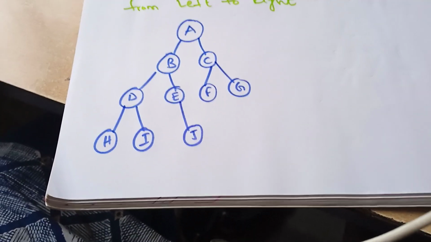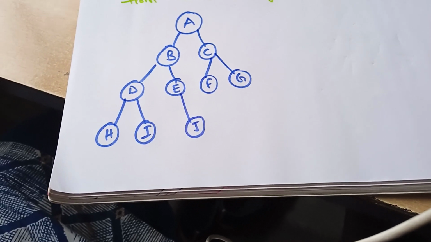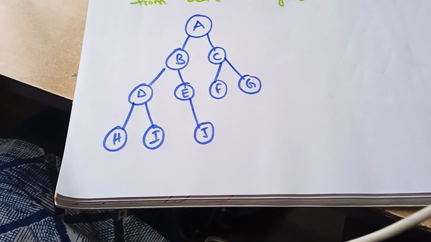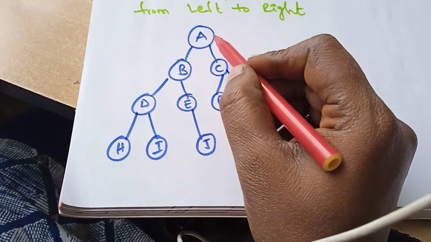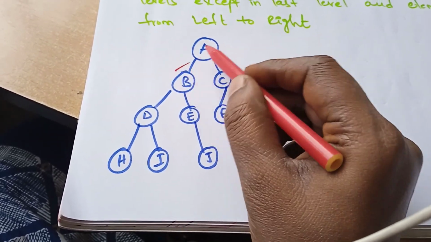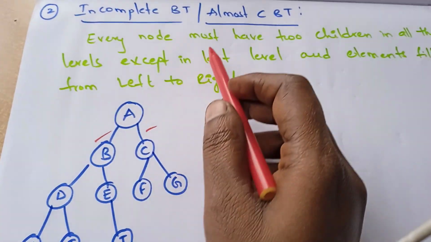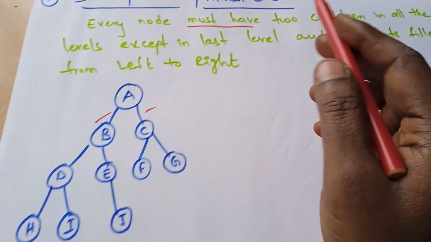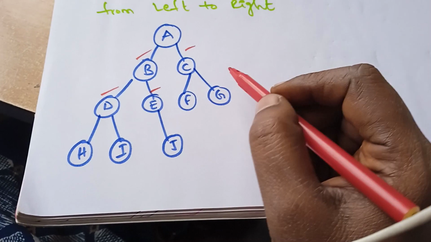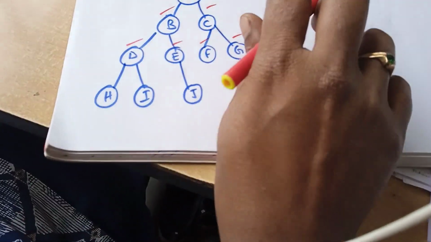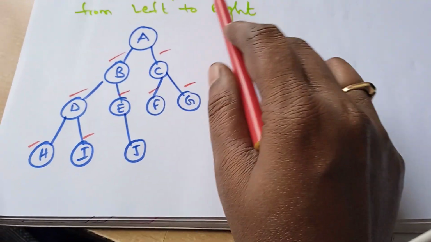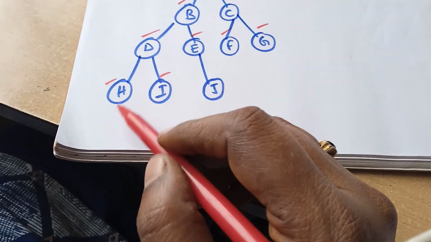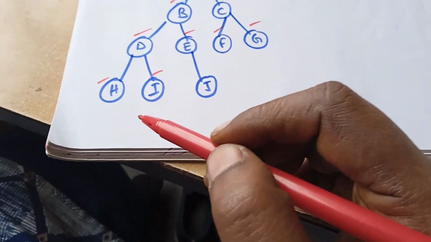This is an incomplete binary tree, or else it is an almost complete binary tree. Now A is my node, which is having two children. It must have two children. B is also having two children. C is also having two children. D is also having two children. Except the last level. What is the last level? H is not having. I is not having.